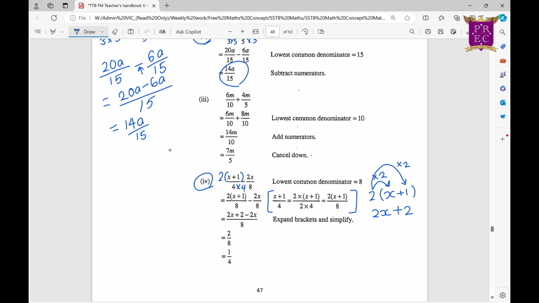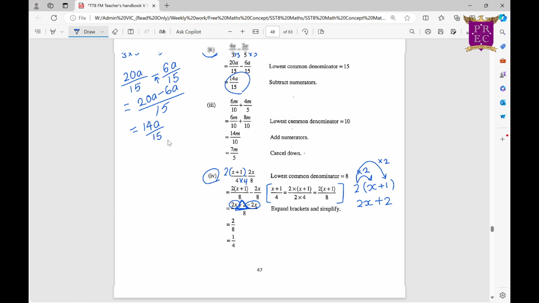If you expand the brackets, that's what you get. And you notice how that's a like term and that's a like term because they both have the pronumeral x, and 2x minus 2x is 0, so you're just left with the plus 2 here, which gives you 2 over 8, and that can be simplified down to 1/4.